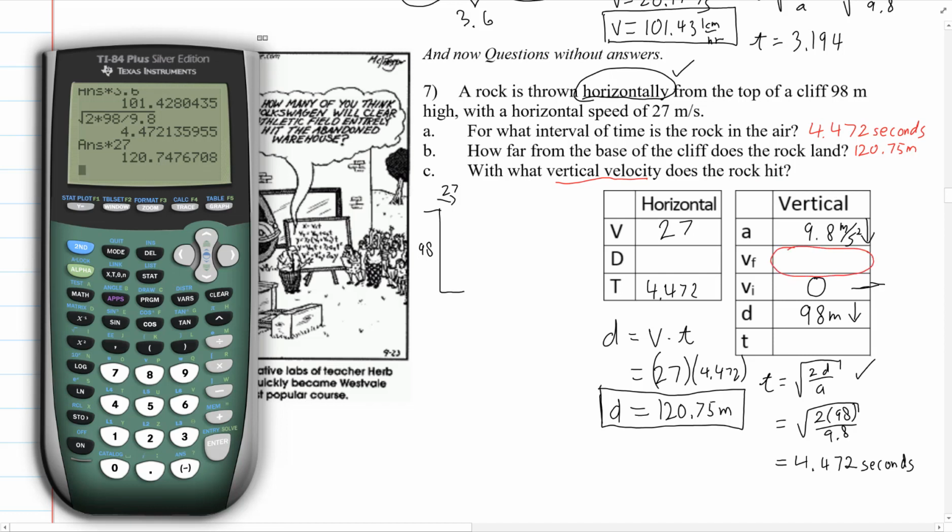Well, let's find it. There are 3 different formulas that we can use. I will just use VF equals VI plus AT.